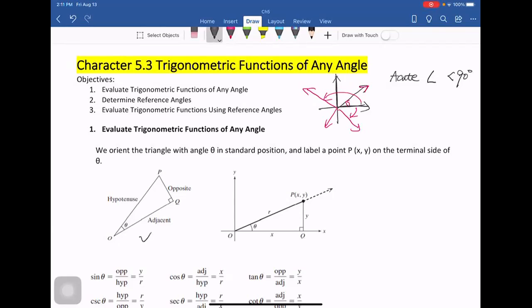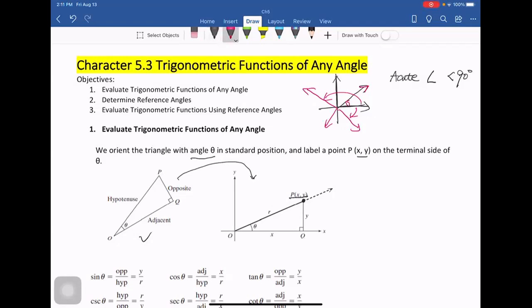For example, this right triangle has the angle theta in standard position. Put this in the xy plane and label the point P as x, y on the terminal side of theta.